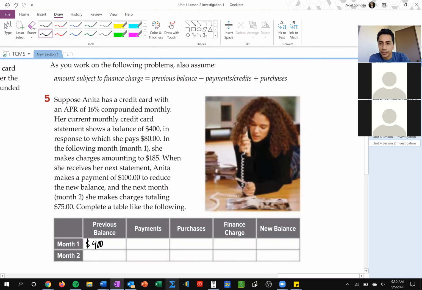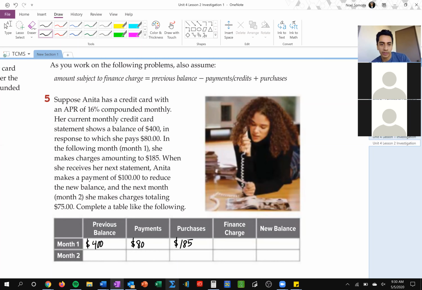That's the balance that she currently has. And in response, she pays $80. But then she makes purchases, she makes charges to the card of 185. So we want to know what that new balance is, or how much she has to pay in terms of finance charges, and what her new balance is.